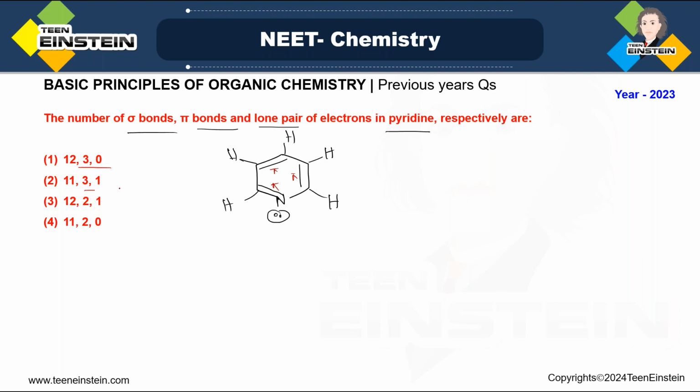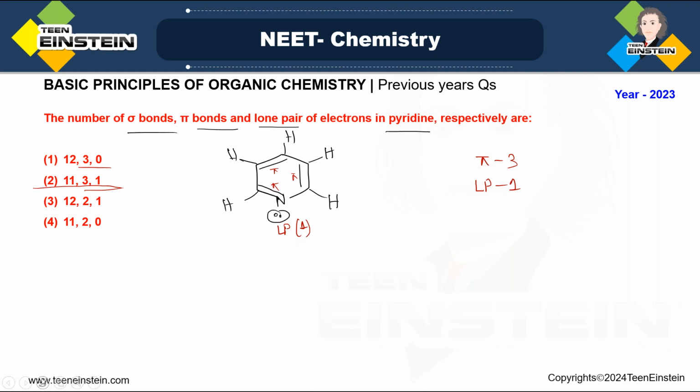Now 3 pi bonds you can get in both option 1 and 2, but in option 2 there is only 1 lone pair. So lone pair is 1, pi is 3. Now 3 and 1 you can get only in option 2. So even if you do not count sigma bonds, because that will take much time, if you are sure about the structure, if you know the pi bonds and lone pair, then that is enough to answer the question.